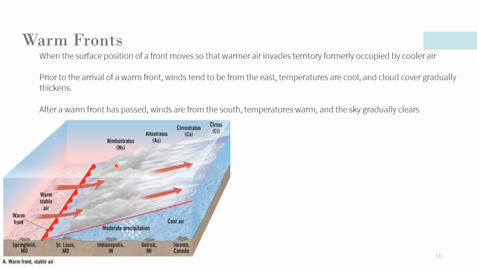These are the clouds forming from nimbostratus to altostratus, then to cirrostratus and cirrus. The cloud sequence in the figure typically precedes the approach of a warm front.